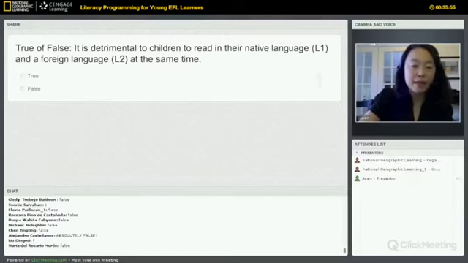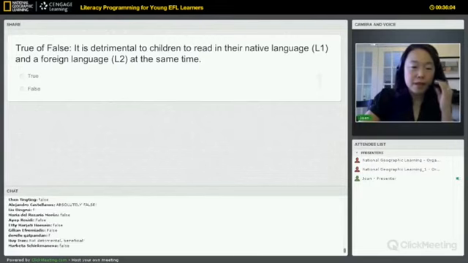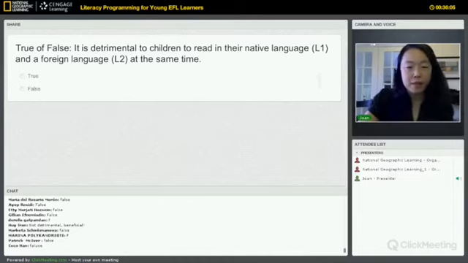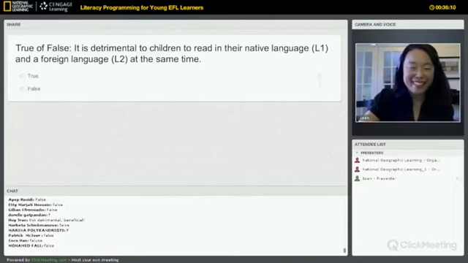Okay, here we go. Okay. About 20% of you have voted. It's amazing. There are 182 of us here. All right, so I'm going to close the voting.